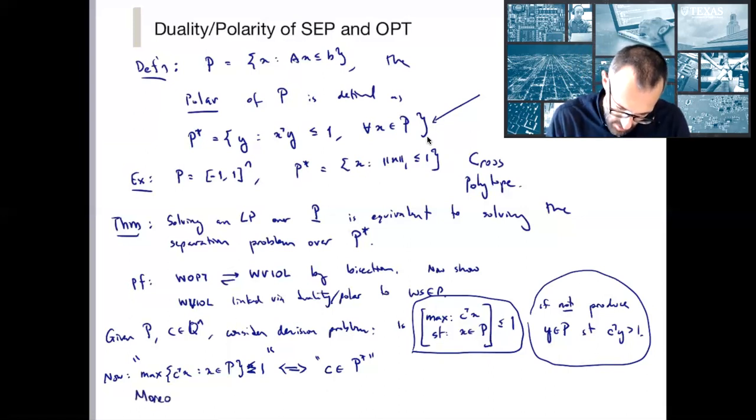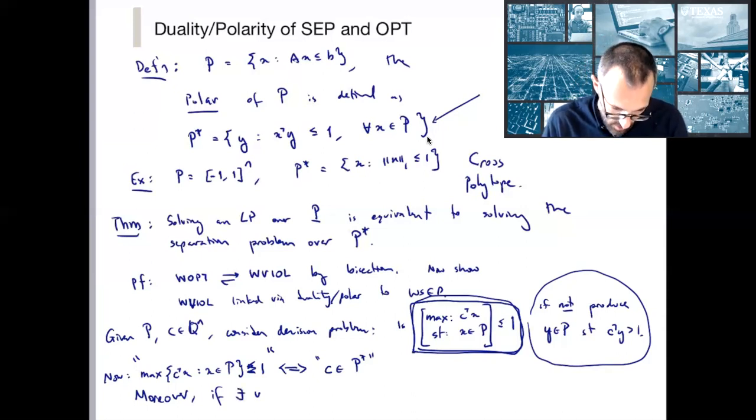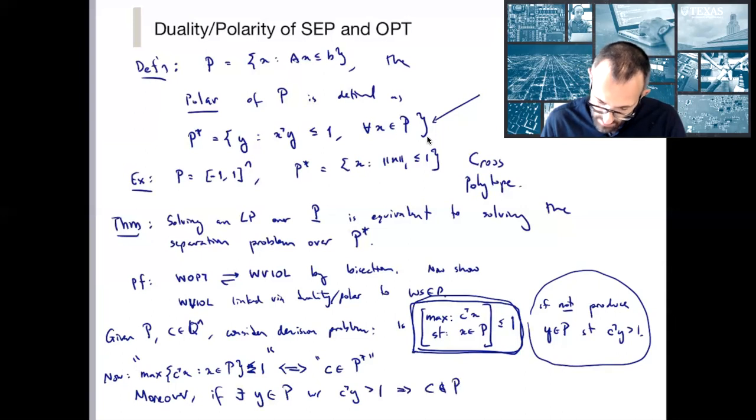So moreover, if the answer is no, so if this is not less than 1, then the violation problem asks us to produce a Y such that C transpose Y is greater than 1. So if there exists a Y in P with C transpose Y greater than 1, then first of all we know that C is not in P star, and we know that Y transpose C, I'm writing it this way to be more suggestive of a separating hyperplane, is greater than Y transpose Z for every Z in P star.